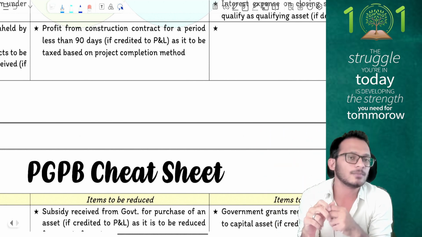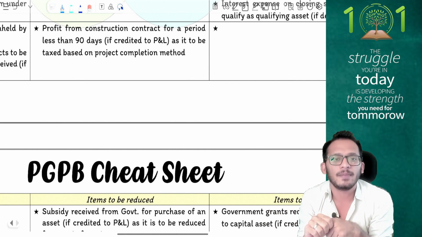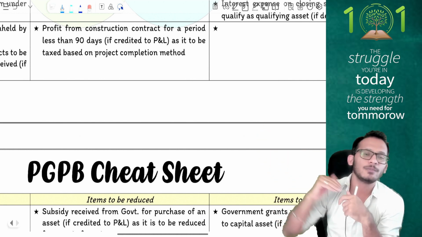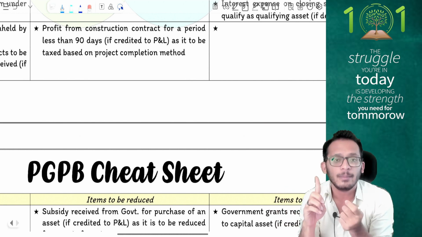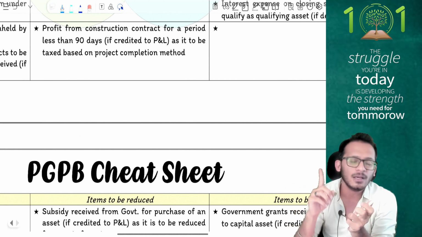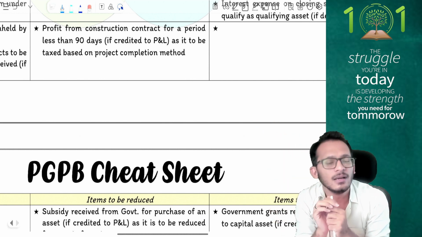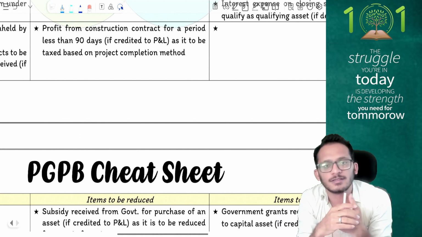So if a question says that the construction contract is for a period less than 90 days and they have only recognized 10% of the revenue in the current year, proposing the balance 90% to be done next year, you will say the 10% also will not be recognized in the current year because this is on project completion method. I will defer the whole income and tax it only in the next year. Since it is already there in the P&L, I will reduce it from my P&L. That is what this adjustment talks about.